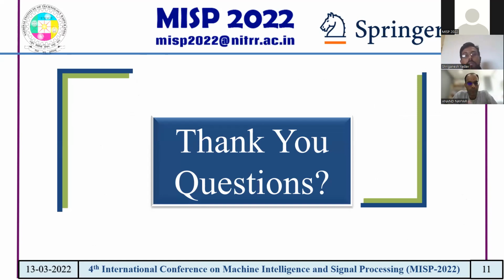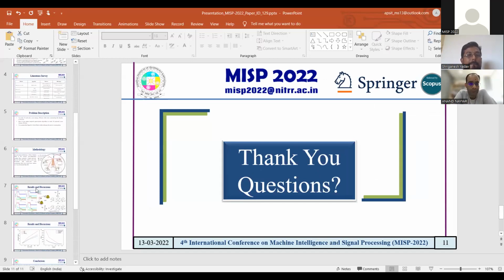Okay, Mr. Yadav. Yes, sir. Actually, I don't understand what your contribution is in this work. Sir, basically what we are trying to do is mix the basic components we are taking from the individual MSA algorithm and DA algorithm, and we are combining these two together.